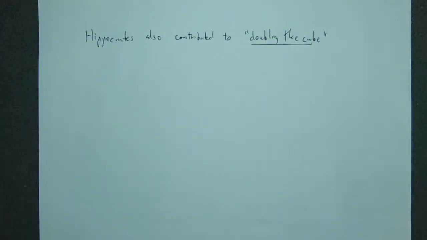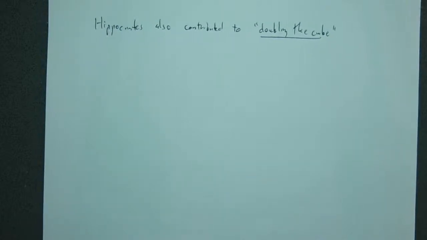So he was able to show some sufficient conditions for doubling the cube, but he wasn't able to construct the quantities in a way that satisfied Plato, and so the doubling the cube remained something that was not solved.